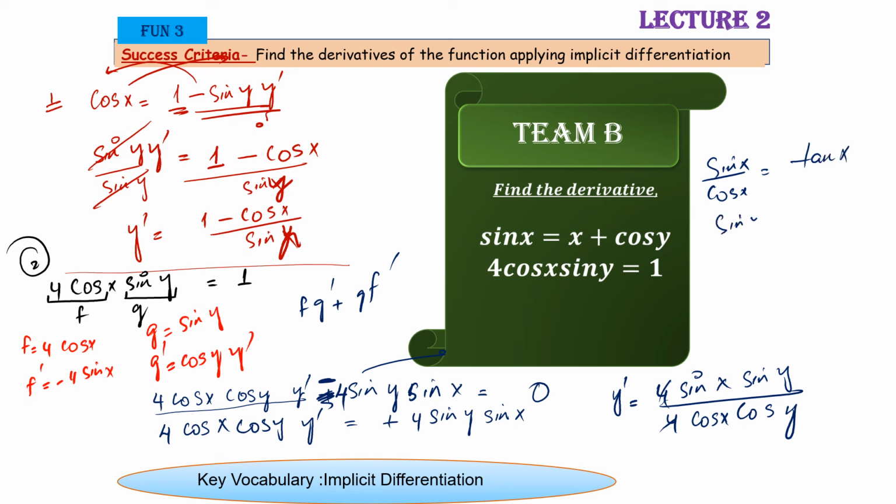Similarly, sin y over cosine y is equals to tangent y. So write in the simplest form, that is tangent x, tangent y is your final answer. Reason is sin x over cosine x is written and similarly sin y and cosine y is written. Hope the concept is clear now.